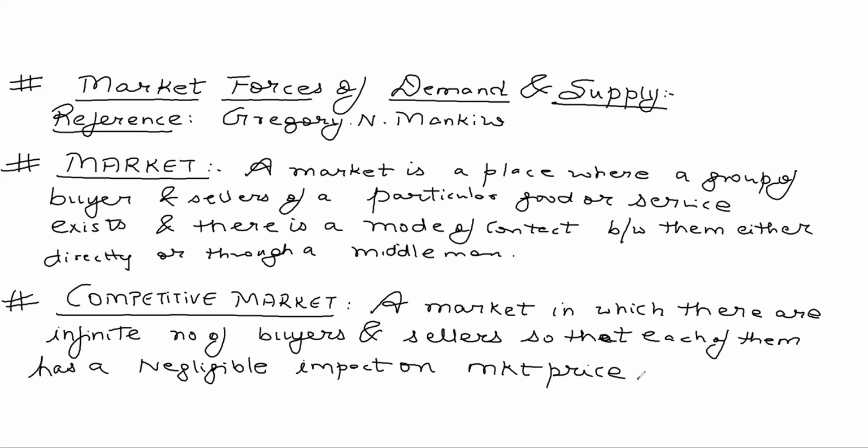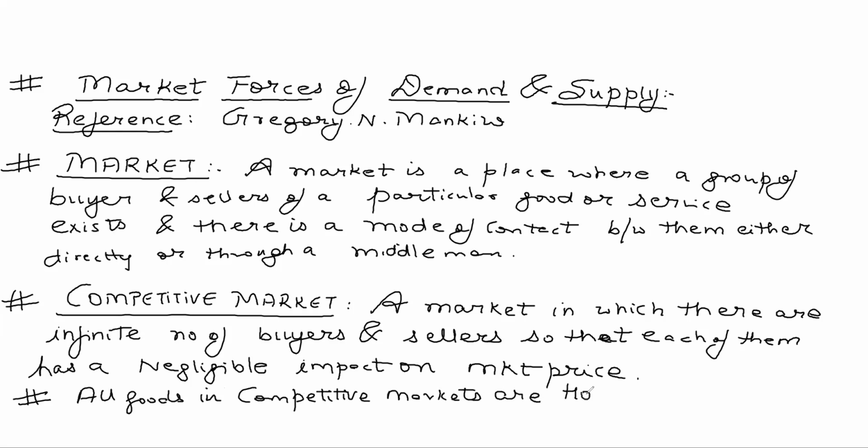Okay, so we can write two characteristics. The first characteristic is that all the goods in competitive markets are homogeneous. Homogeneous means they are the same, they are identical products. They are the same in terms of shape, size, color, weight, etc. So all the goods sold in perfectly competitive markets are exactly the same.